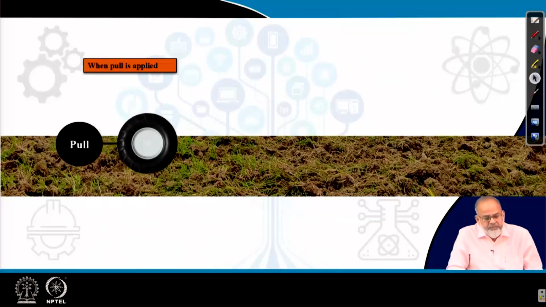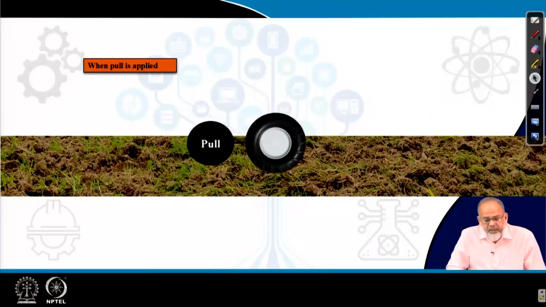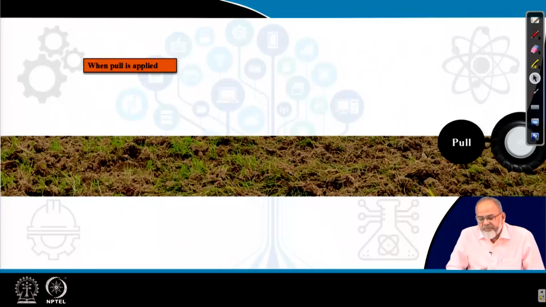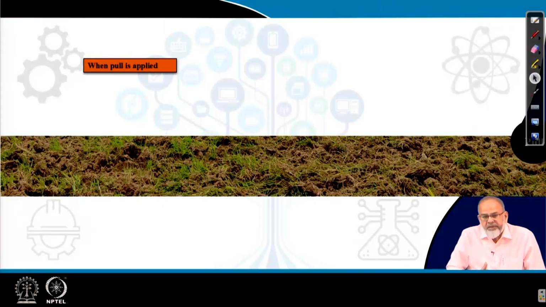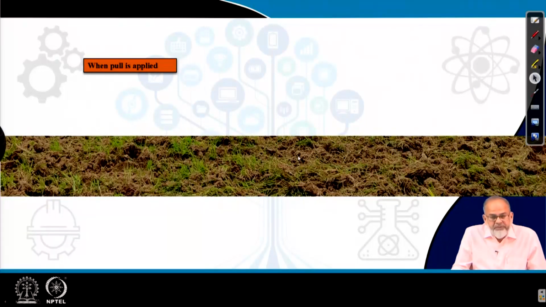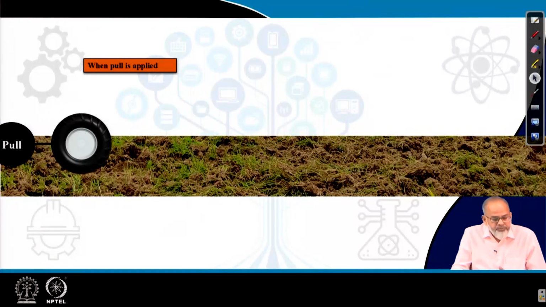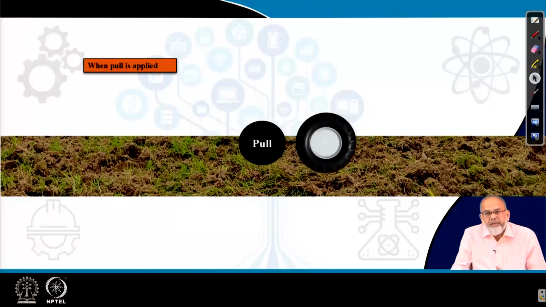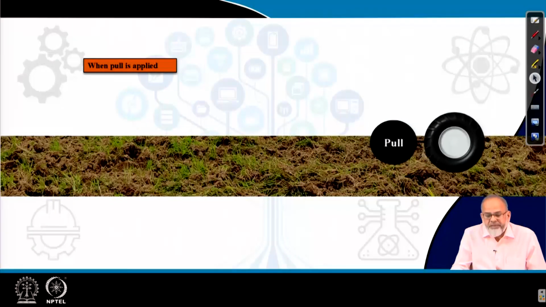When you apply certain pull, the wheel will interact with soil and it will develop some force which is called tractive force. So pull is developed because of the interaction between wheel and soil. If there is no interaction, there will be no pull developed. When there is interaction, there will be possibility of slippage of the wheel.